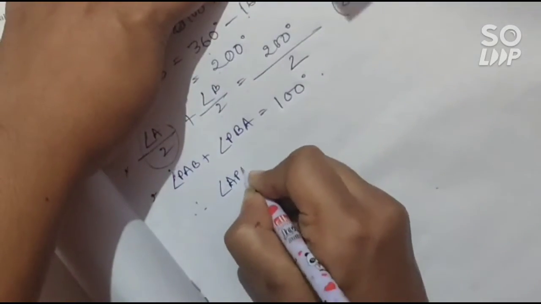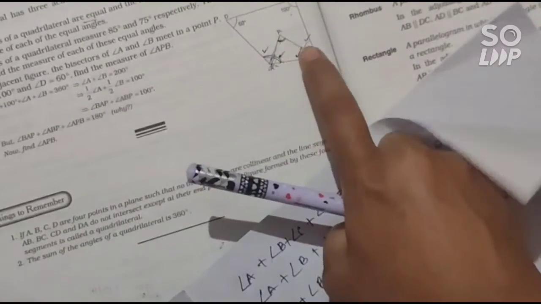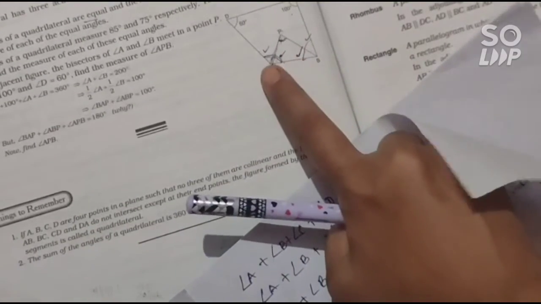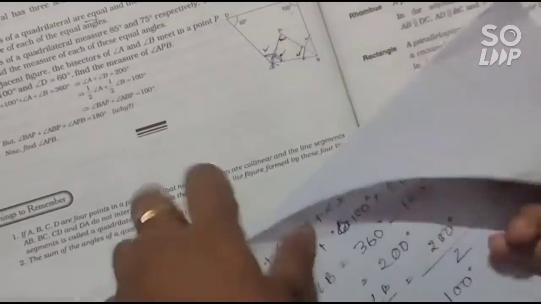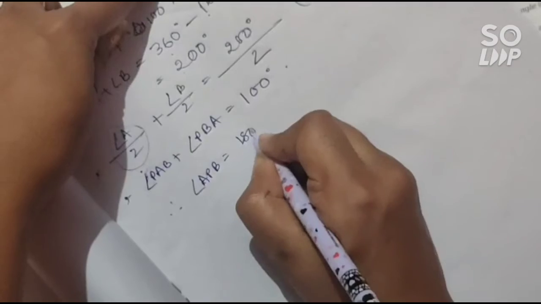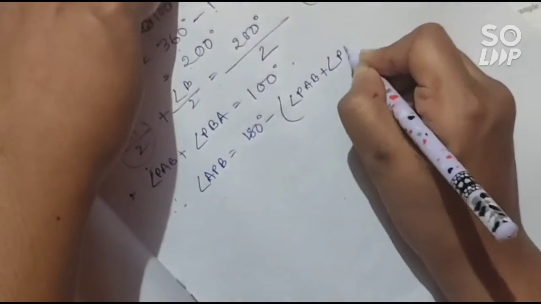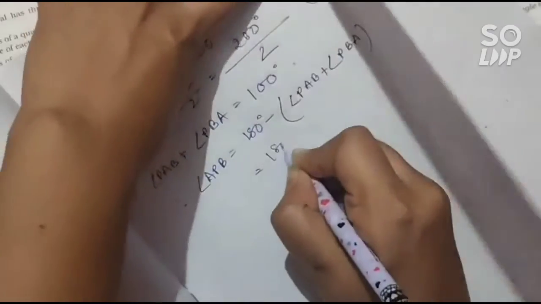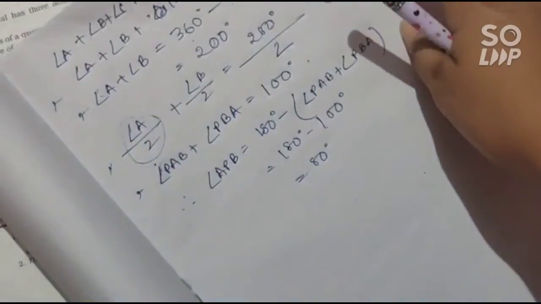Since APB is a triangle, if you subtract the sum of these two angles from 180 degree, you will get this angle. So angle APB means 180 minus angle PAB plus PBA, and this value is 100 degree. So 80 degree. This will be the answer.